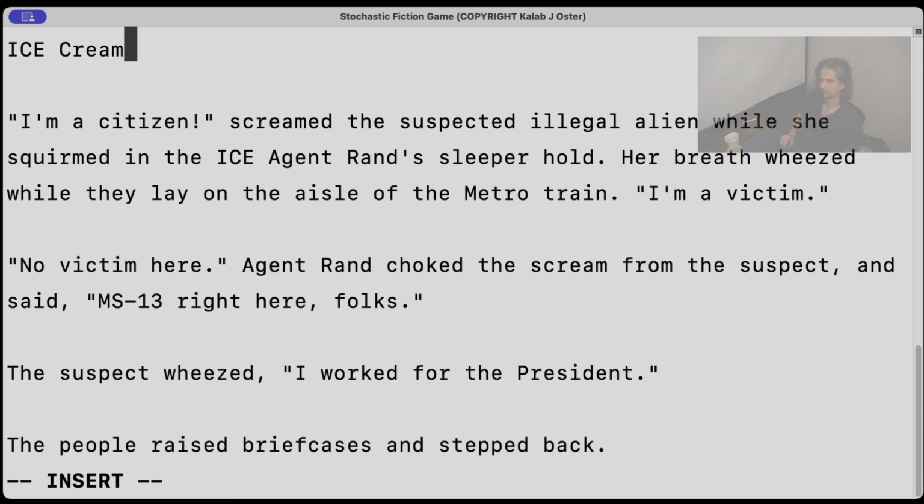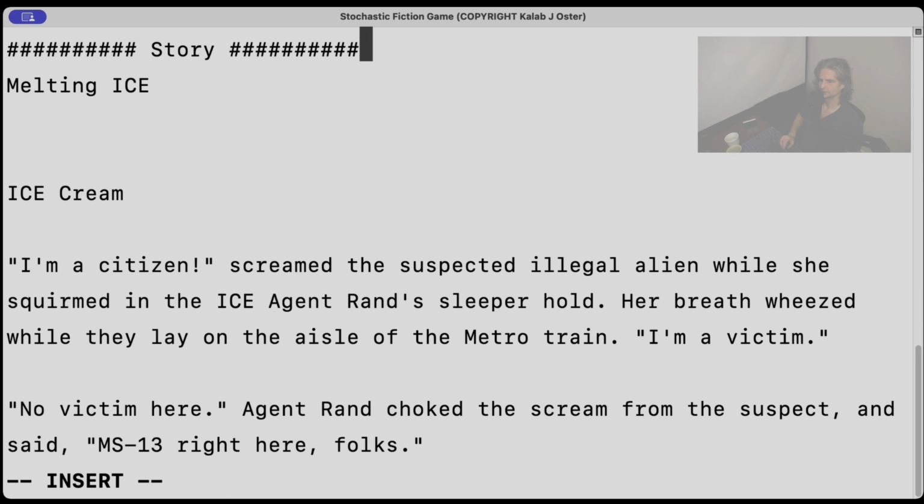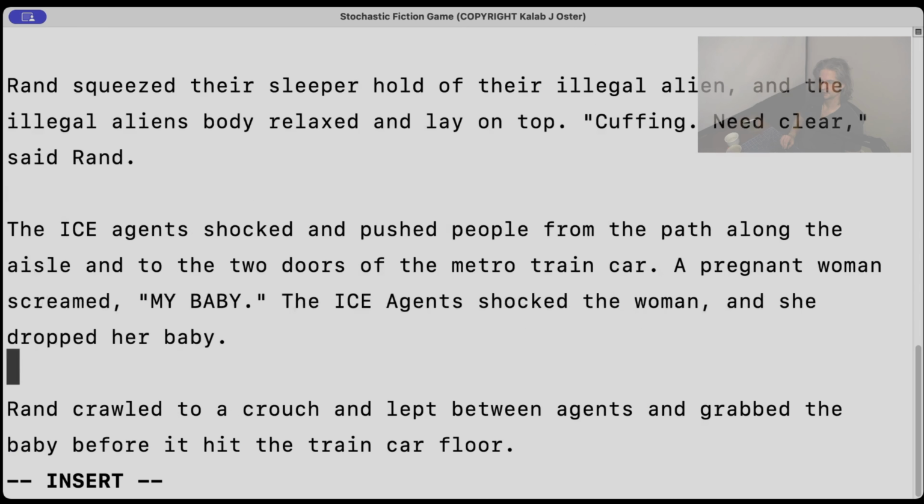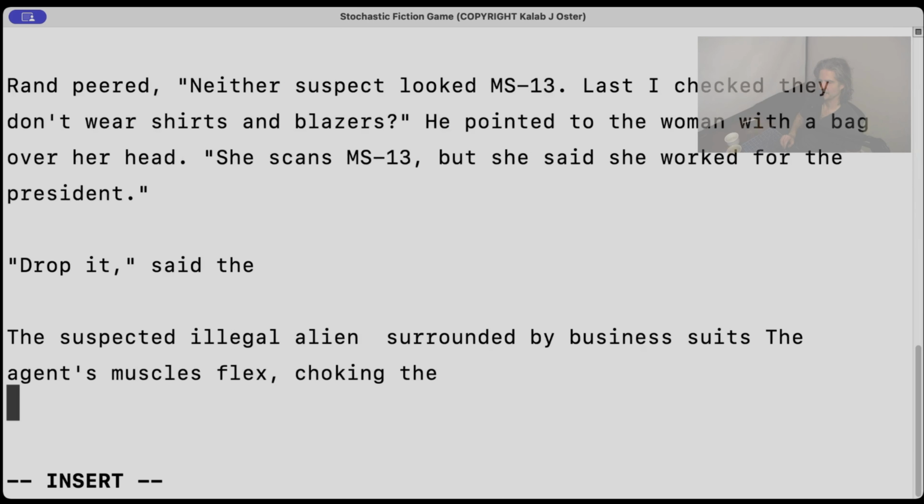Choked. Screamed. Okay. I think I got most of that in past tense, so I won't have to screw that up too much while I read it aloud and then realize I've got everything written in past tense. Present tense. Now it's past tense. So drop it, said the illegal alien. But she said she worked for the president. Drop it.